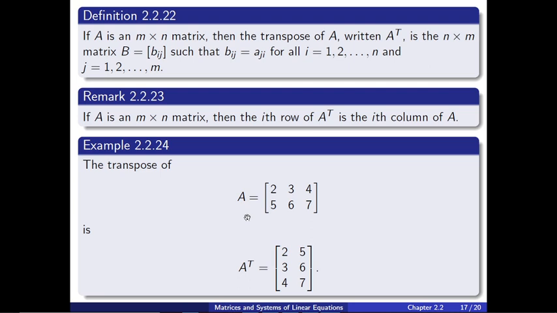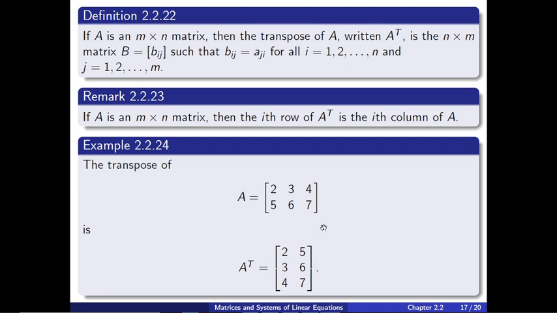Let's look at an example to clearly see what happens. Suppose you've got A, which is 2, 3, 4, 5, 6, 7. So what it means is when you transpose, this was a 2 by 3, it becomes a 3 by 2, right? That is what is in the definition.